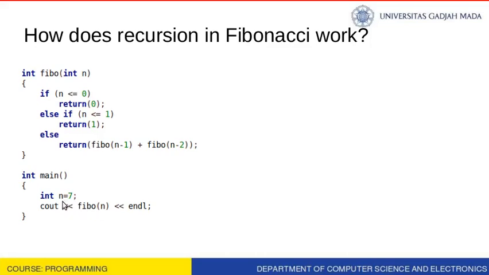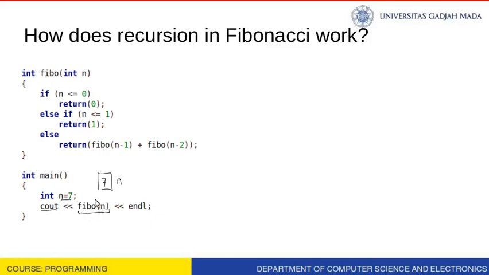So at first it will be n equal to 7, so I will have n, and the value is 7 inside of the main program, and then I will see this function call. So I have to do this function call first before I can do the cout.